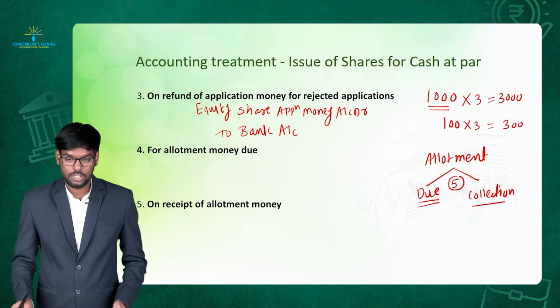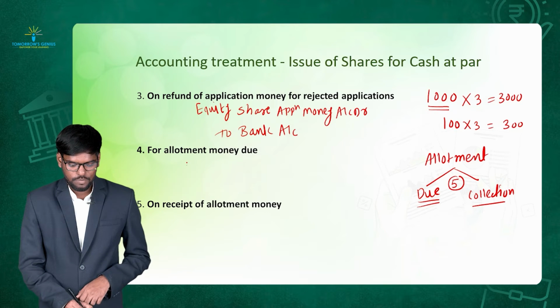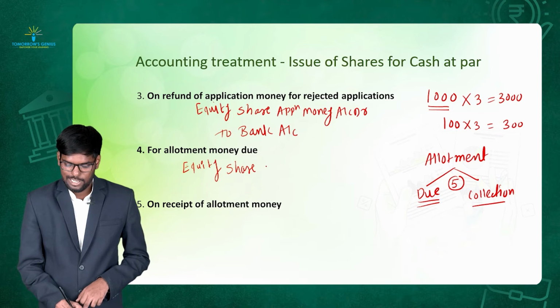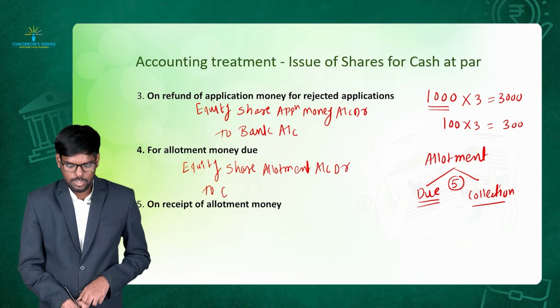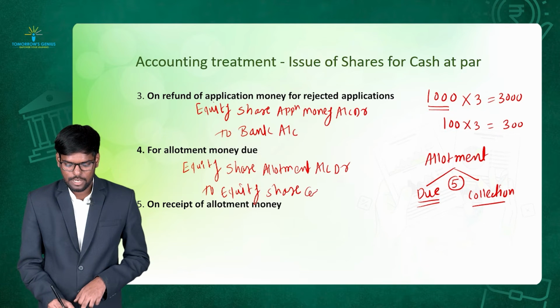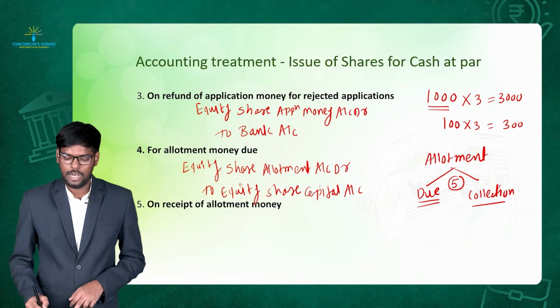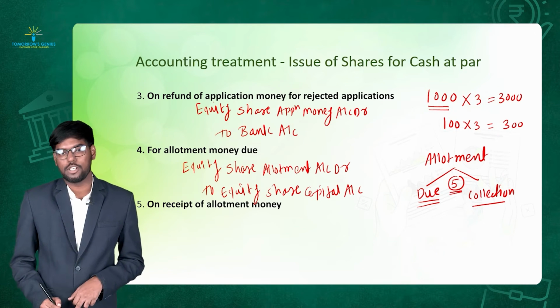So I'm going to pass a journal entry: equity share allotment account debit, to equity share capital account, right? This entry I need to pass for this 5 rupees of allotment money per share.